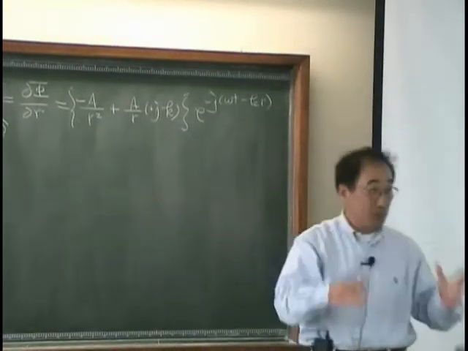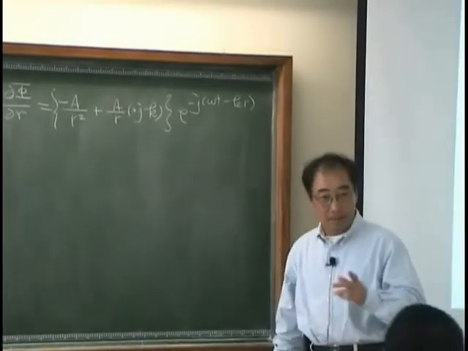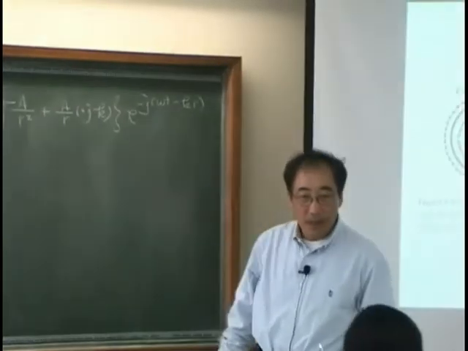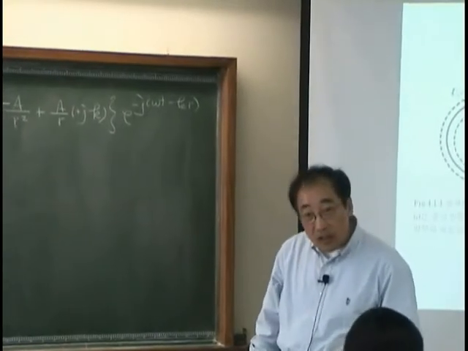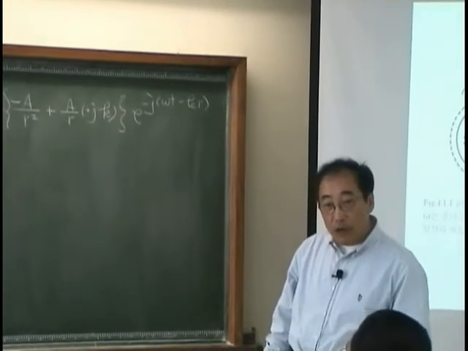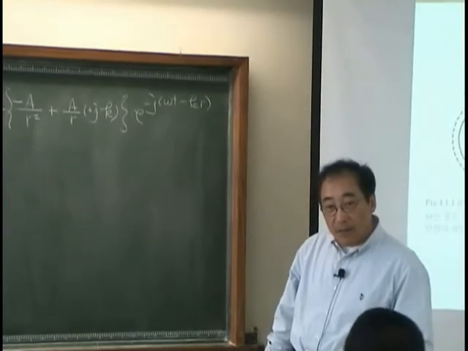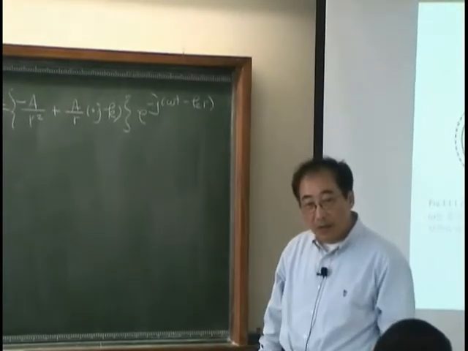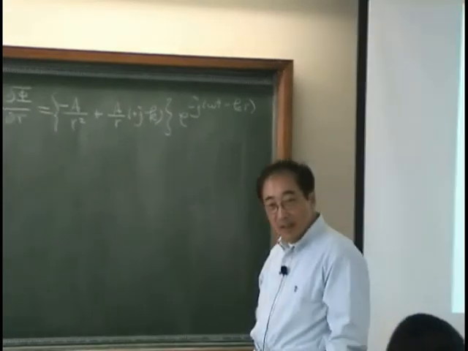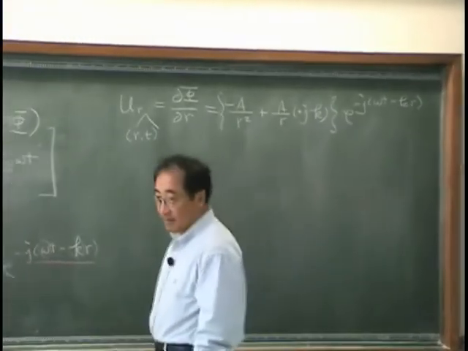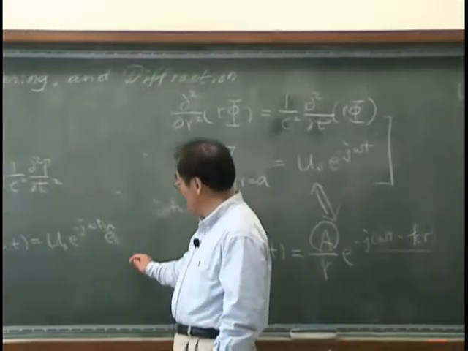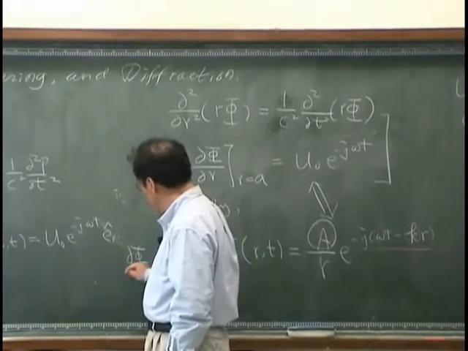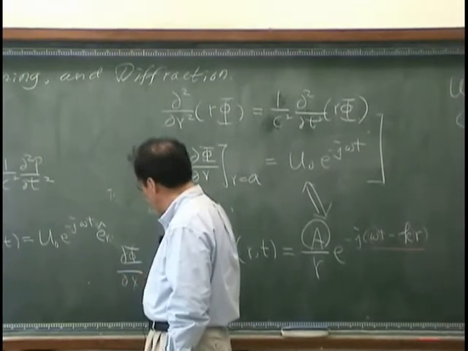Okay, physical interpretation. The dimension of this is the same. I mean, the dimension of velocity potential? Like we don't know what the dimension of potential is, right? That's a good question. What's the dimension of this?